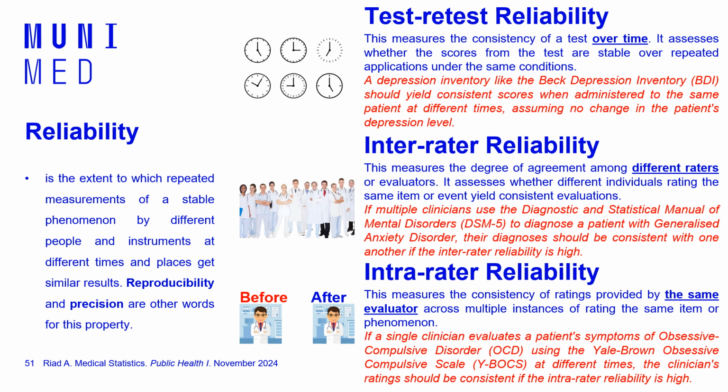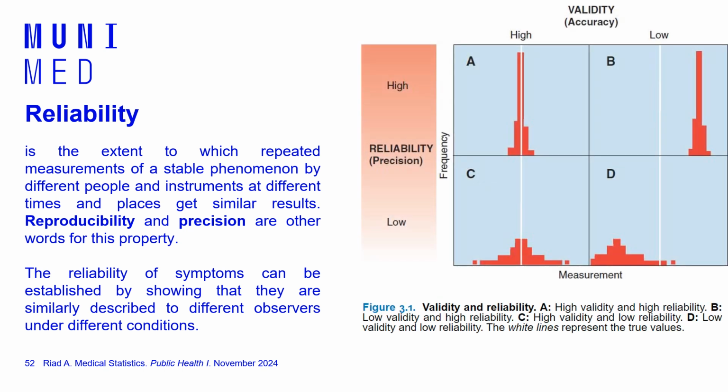Okay, so these are the three concepts that describe reliability. If you'd like to see the relationship between validity and reliability, you can look at this graph. In this graph, we have a white line that describes the true phenomenon, or the true disease, or the true value. In graph A, you can see a test that has high validity and also high reliability.